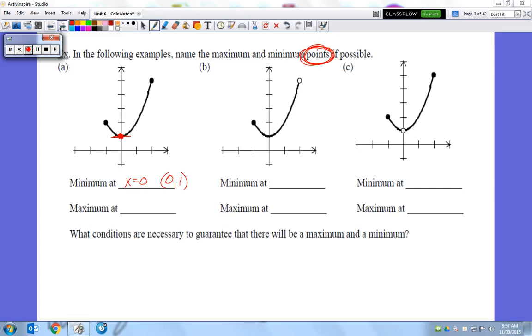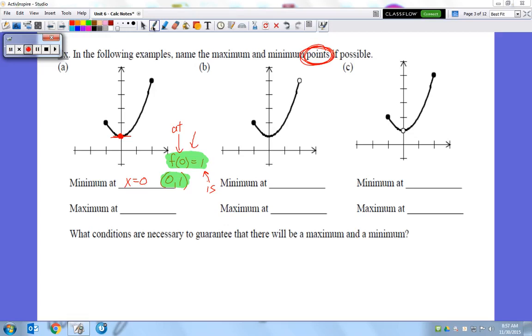Or you could write it as f of 0 is equal to 1. So two different ways to write a point: (x, y) that you're used to since Algebra 1, or you could say f of 0 is equal to 1. I would say this is more preferred because it's really understanding that the minimum value is 1 and it occurs at 0.